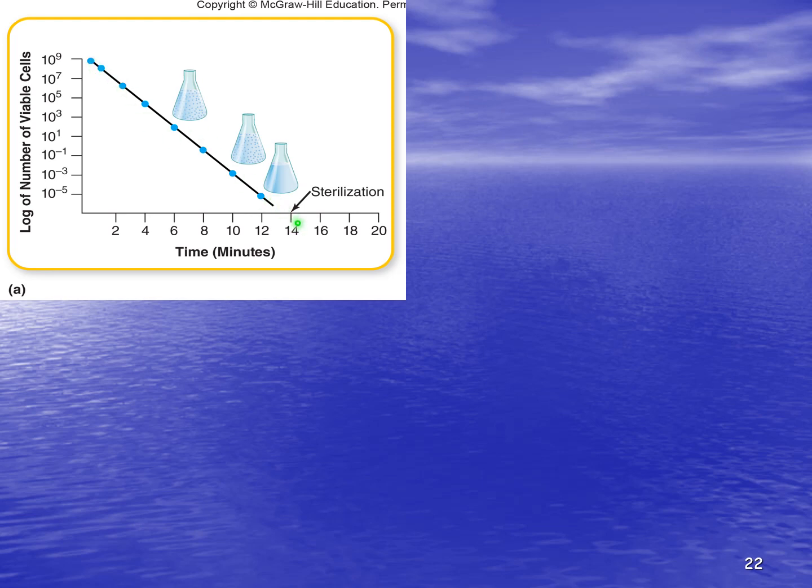So if we look out here at 14 minutes, we have no viable living organisms. So we run our autoclave at 121 degrees Celsius for 15 minutes because we know that the low microbial load that we put in is going to be killed probably by 15 minutes.